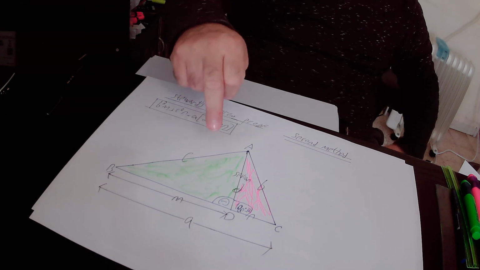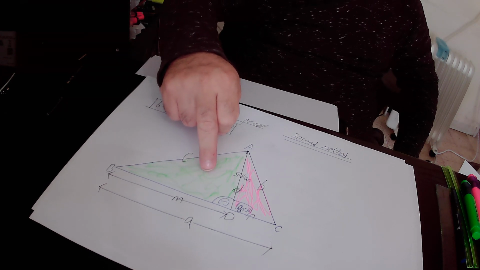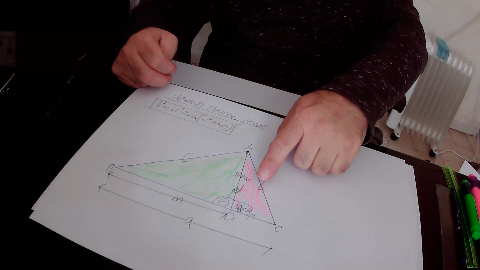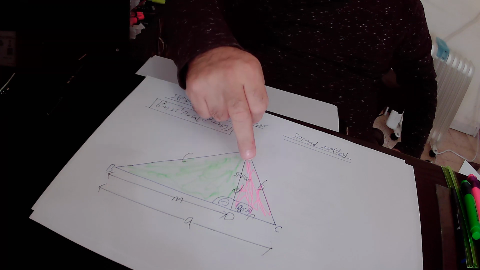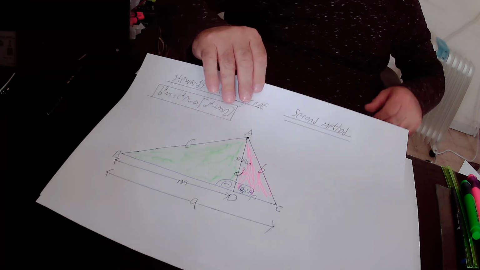And then we implemented the law of cosines in the green triangle ABD and also in the pink triangle ADC.